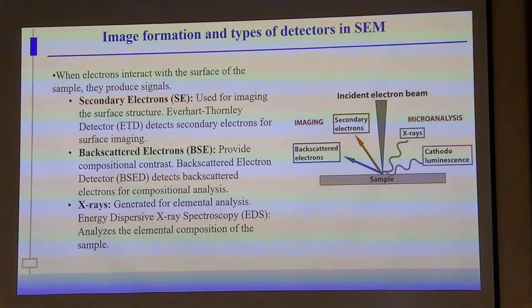Backscattered electrons are used for compositional analysis, and the X-rays generated are for elemental analysis. So using SEM, you can get the morphology of your sample, and even elemental analysis, which is called EDS. So what are secondary electrons and what are backscattered electrons?